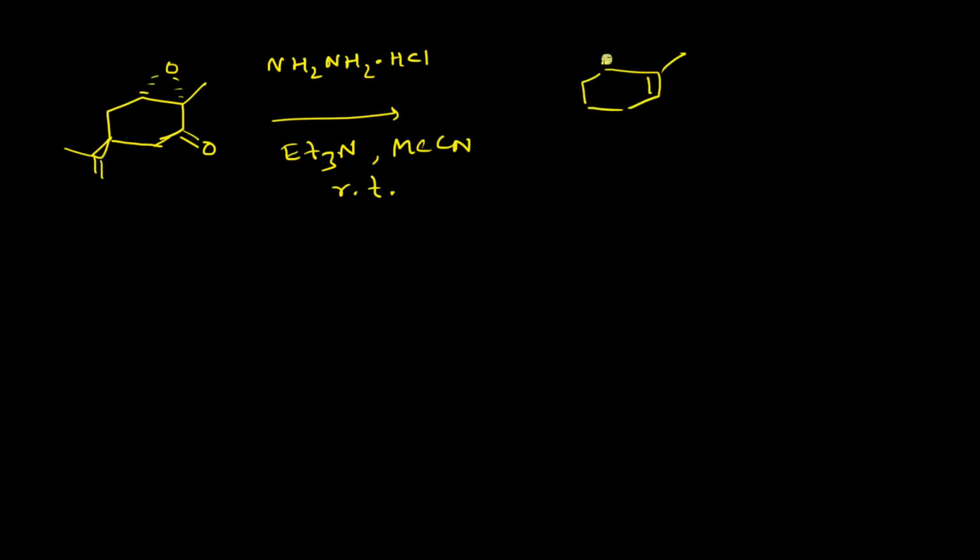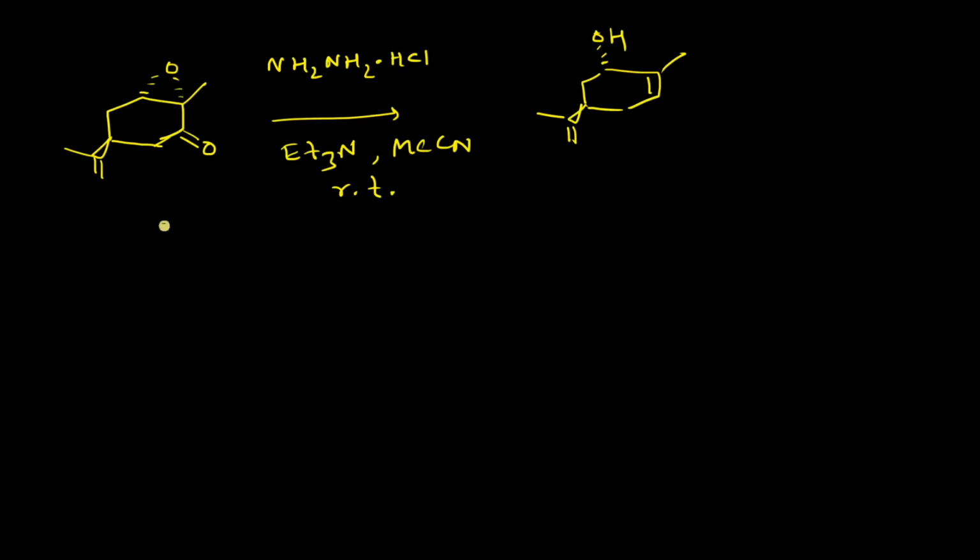So if we treat this particular compound with hydrazine as a hydrochloric acid salt form in presence of triethylamine, and if we choose acetonitrile as a solvent, then at room temperature we will get this allylic alcohol. So the stereospecific ring opening of this epoxide center will be observed after the reaction.